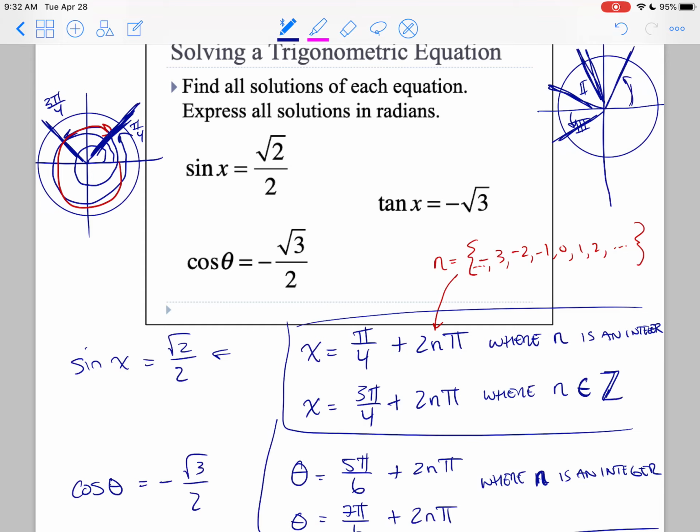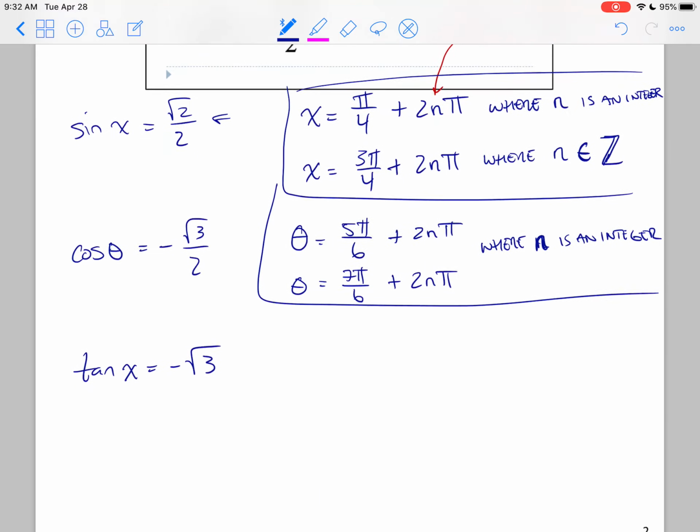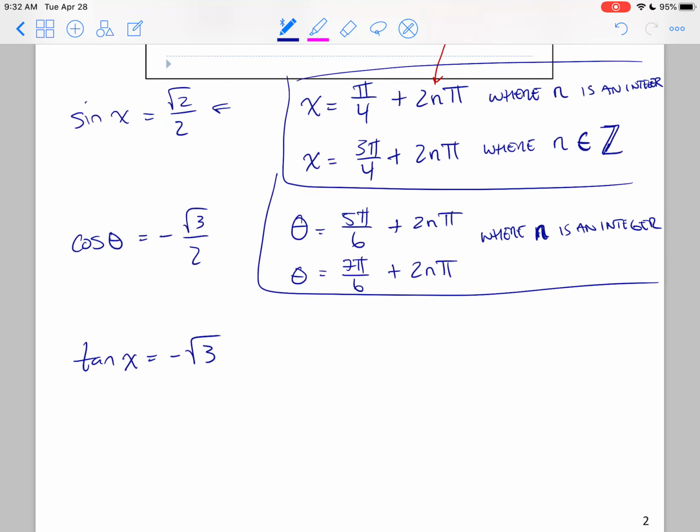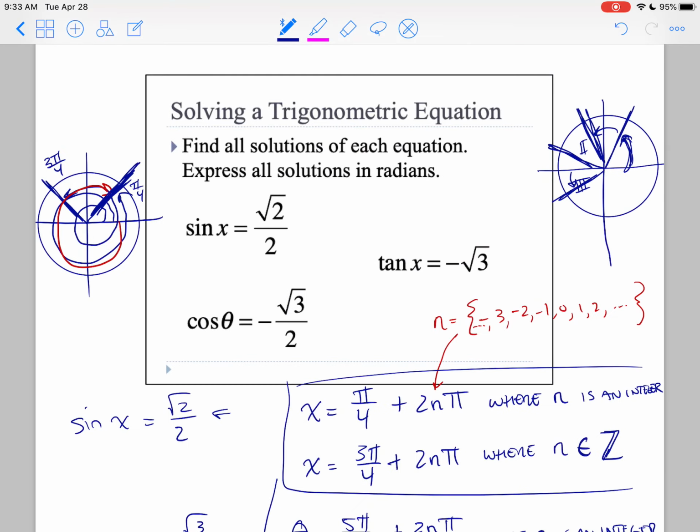And so this is pi over 3, and this is 2 pi over 3 here. And so x is going to equal 2 pi over 3. This is the first time that this happens. It also happens here in the third quadrant, right here, which is pi away.